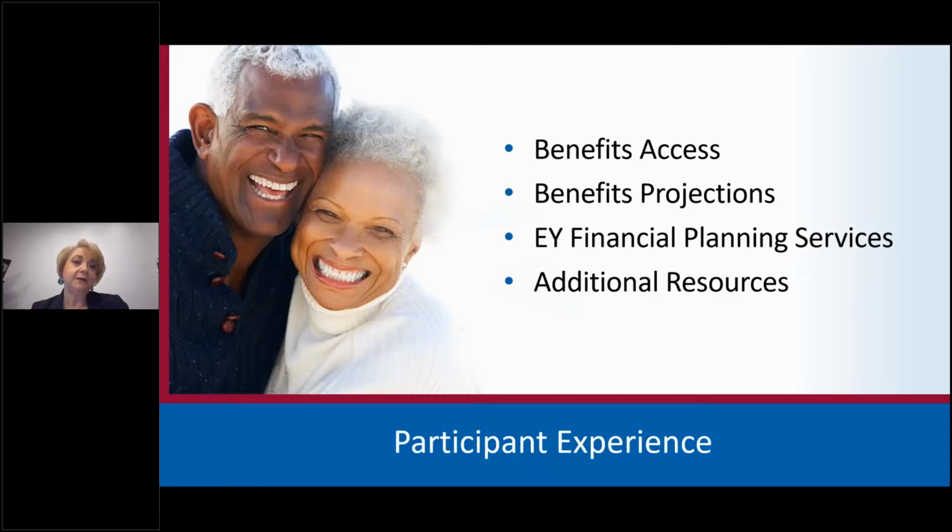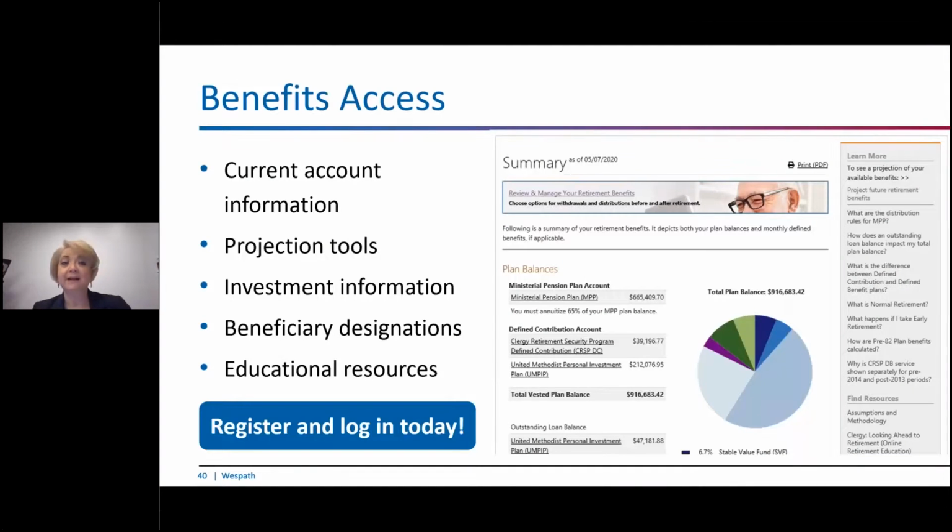Now I want to talk to you a little bit more about the participant experience. We're going to talk through all of these different things on a pretty quick basis because we have gone through these before, but I just want to let you know about Benefit Access. You can find out all of your current account information out there on Benefit Access. There's the benefit projection tool.